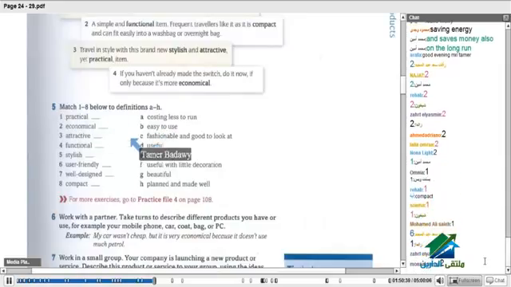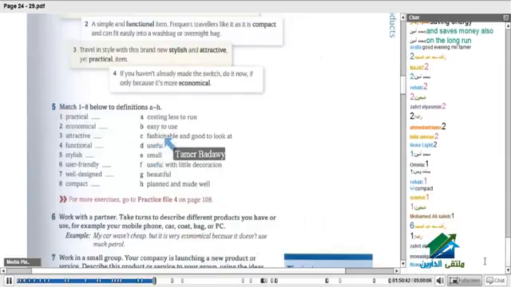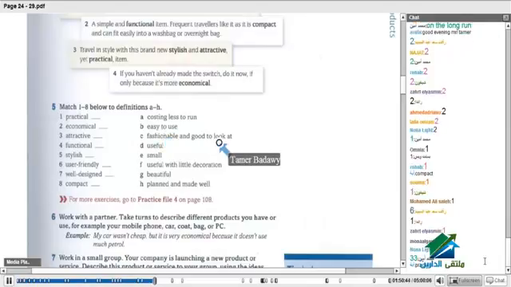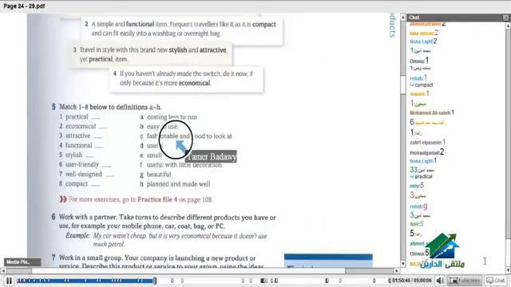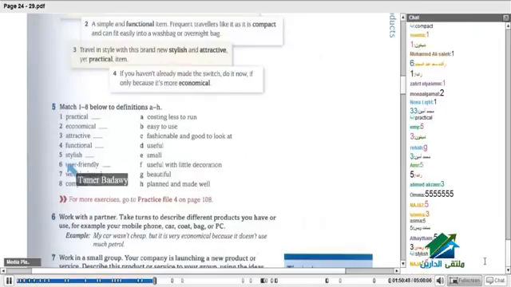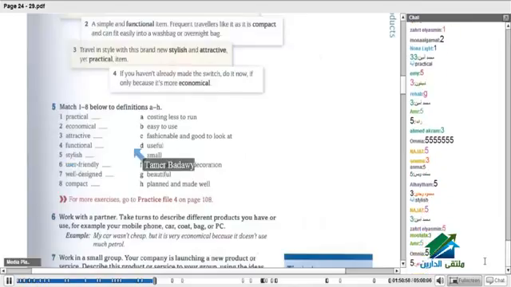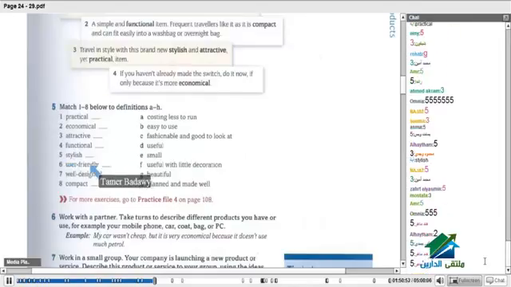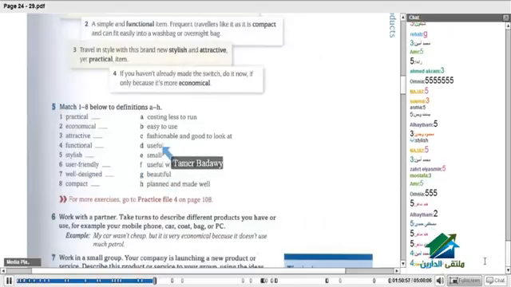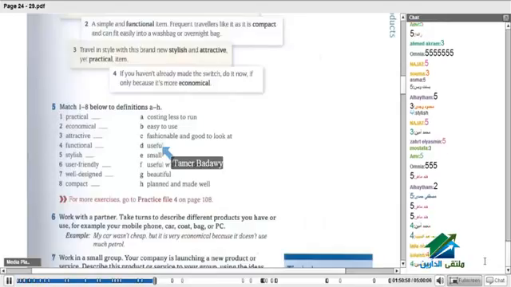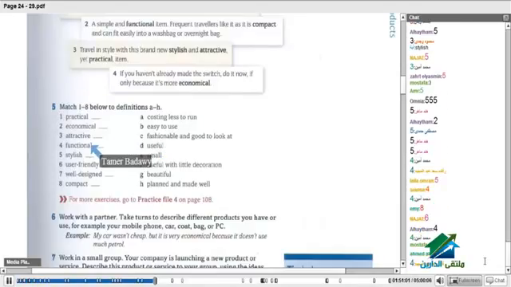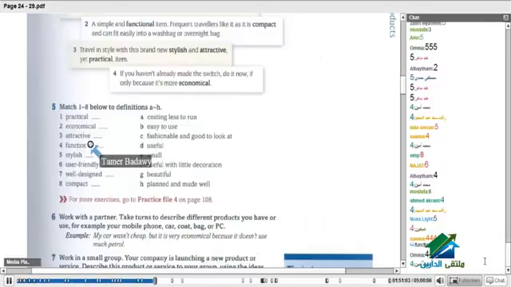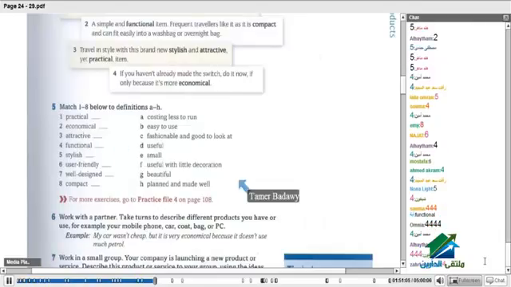Practical. C. Fashionable and good to look at will be 5. Stylish. Useful. Useful. Functional.